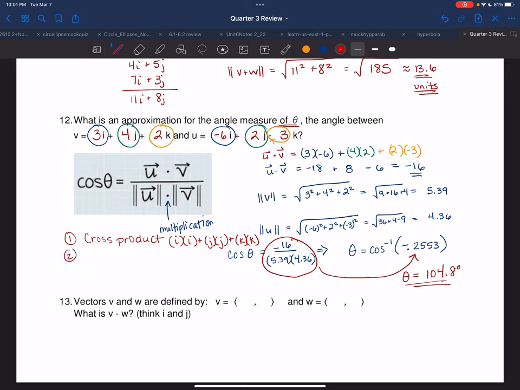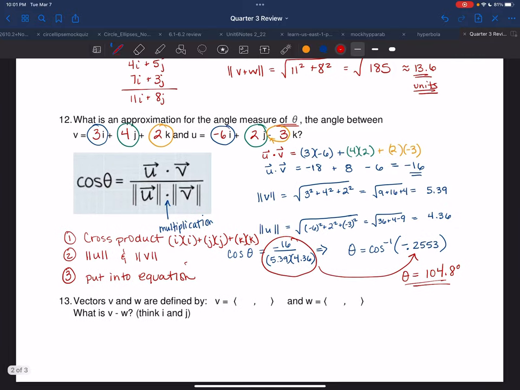And then the second thing we did was we found the magnitude of u and the magnitude of v by doing that process. And then we put it into the equation. Okay, so there's some pre-work you have to do before you can actually solve this. So this one's going to probably take some time.